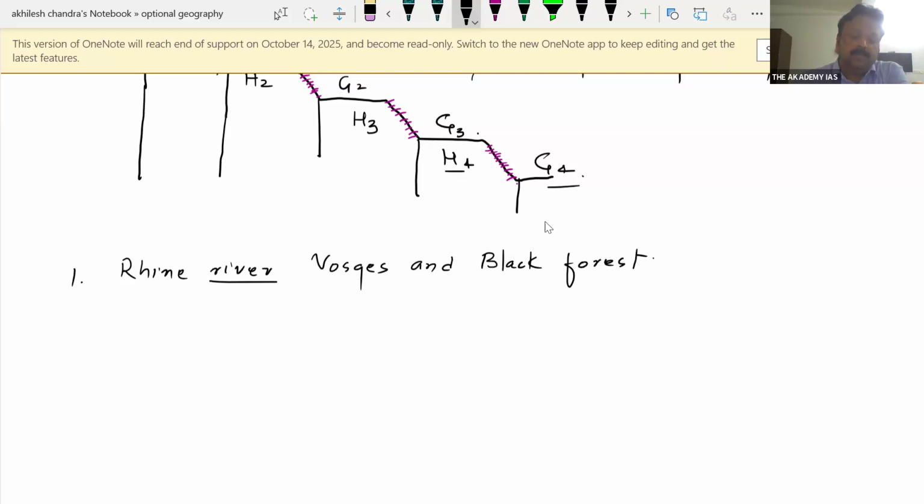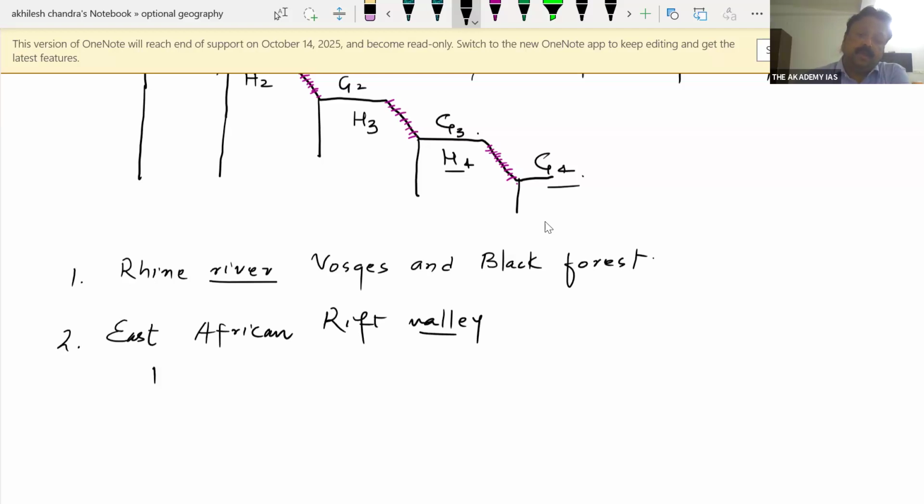Then another example we have, second, East African Rift Valley. So it is the largest rift valley of the world.